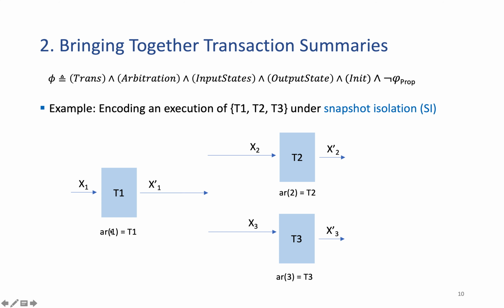Since this is the arbitration 1 transaction, its effects are summarized into x1 prime, and the second transaction's effects are summarized in x2 and x2 prime, and the third's are in x3 and x3 prime. This time, we model an execution where T2 and T3 are concurrent to each other. So for this example, T2 sees the effects of T1, so T1 is visible to T2. We tie the output of T1 to the input of T2.